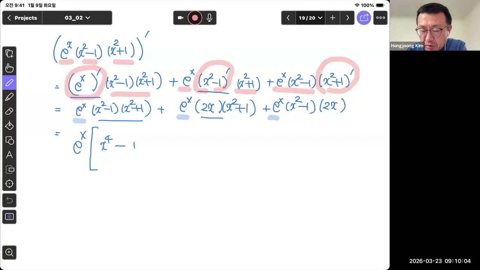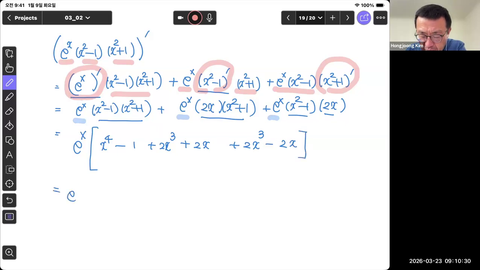And then from the second term, 2x multiplied by x squared, you get 2x cubed. And then 2x times 1 will give you 2x. And then when x squared minus 1 is multiplied by 2x, you get 2x cubed minus 2x.